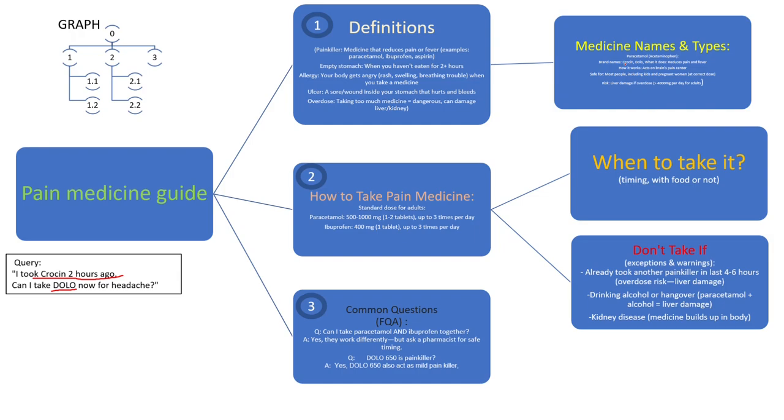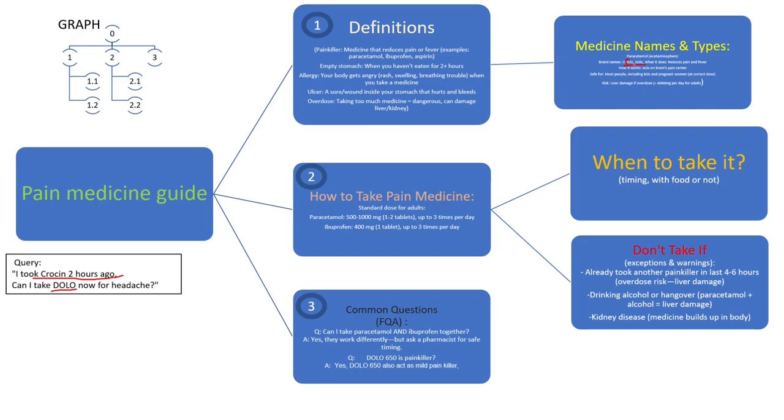So you see, Crocin and Dolo are two brands. If I ask this question, what will this GraphRAG do? GraphRAG still treats Dolo and Crocin as just words. It doesn't know both are the same medicine.